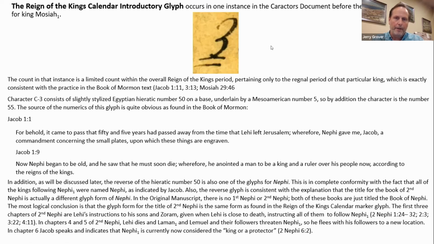So again, you're looking at a 55 here, which actually corresponds with what the Book of Mormon says about the 55 years that passed away when Nephi made the record. That's when he was the first king.